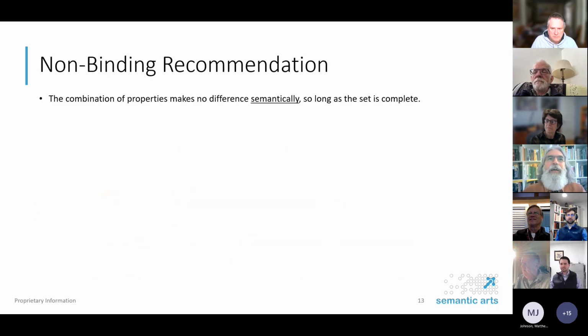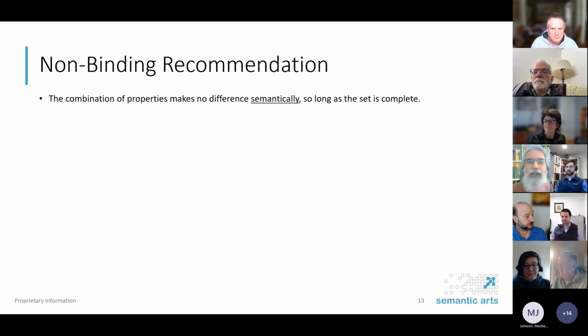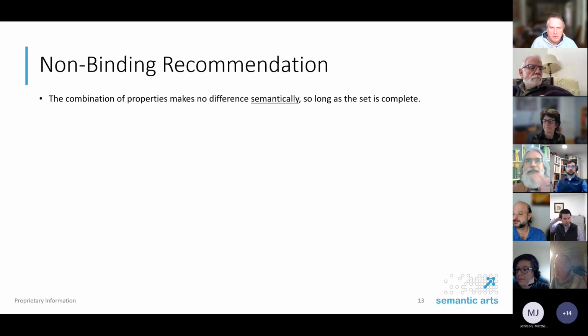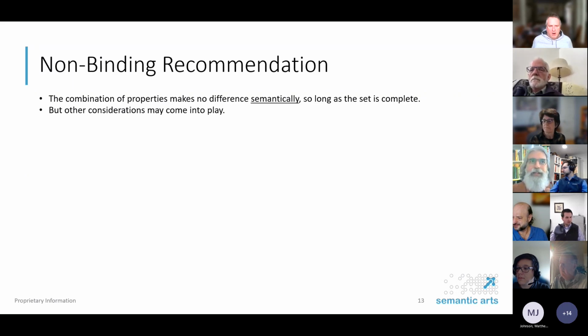Okay. All right. So, having looked at all of this stuff, I do want to make a recommendation on handling these things based on my own experience. While I was just saying that the direction of the properties is not important so long as you have a complete set to link everything up, there are other considerations you may want to keep in mind.